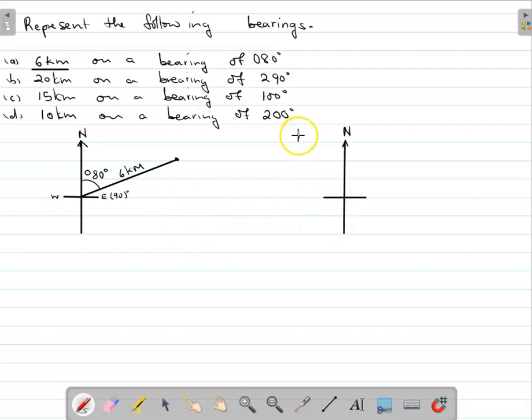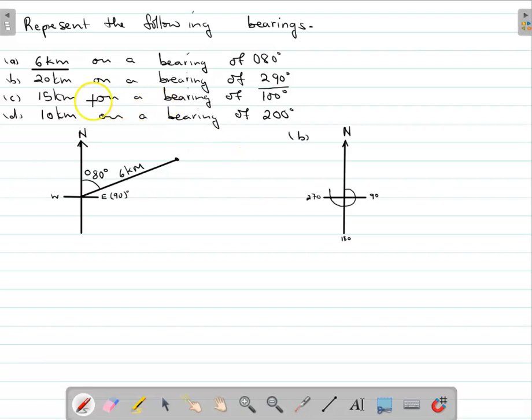Part B now, they are saying 290 degrees. Remember, this is your east, which is 90. This is your south, which is 180. This is your west, which is 270. So 290 degrees is bigger than 270. It means I've gone 90, 180, 270 plus 20 more degrees.